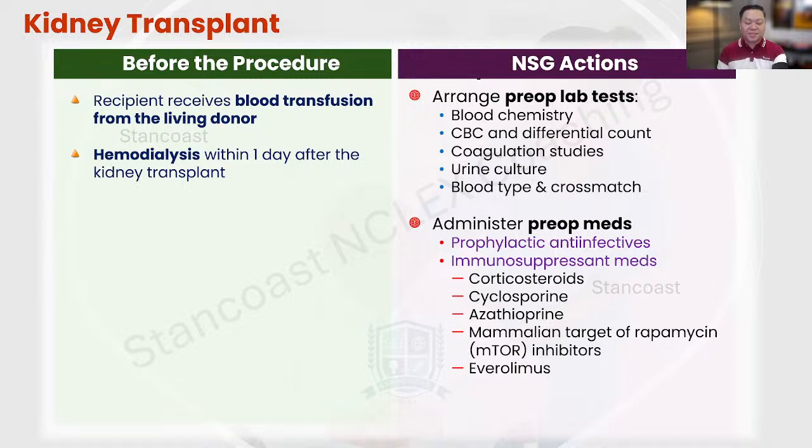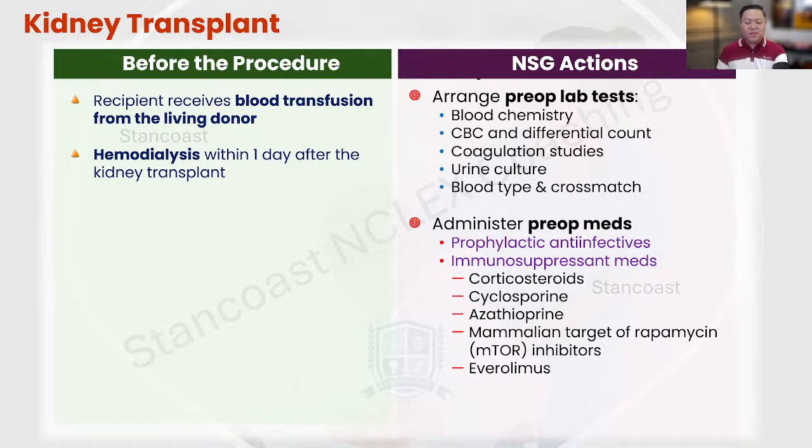So it will suppress the immune system, especially the T cells, from attacking the possible donor tissue. And so what we're going to do here is to monitor the patient for possible side effects, let's say dry mouth or ulcers in the mouth. Their wound healing will be delayed, and also some metabolic changes. So I hope that you're writing down all those other informations that I did not include in the PowerPoint, because those are the things that are possibly going to be asked in the NCLEX.